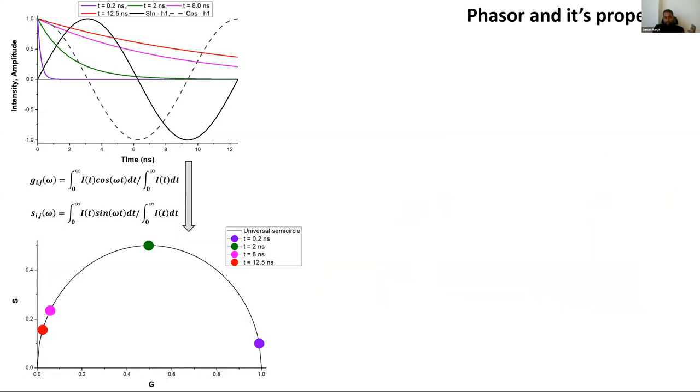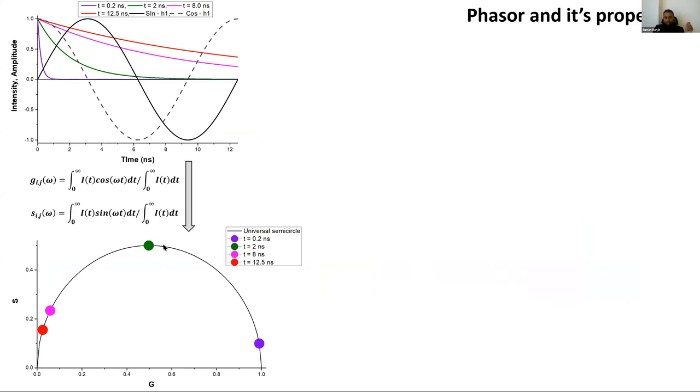Okay, so coming back to phasor, you have all heard this, so this is going to be a very short explanation. You have your lifetime, these are calculated lifetimes of different ones, and you have your sine and cosine curve. If you have a very short decay, you do the calculation, basically a multiplication at this point, and you get something with G close to 1, S close to 0, and as you increase your lifetime, they move along this axis.